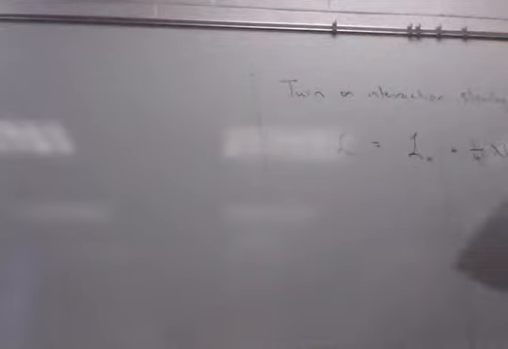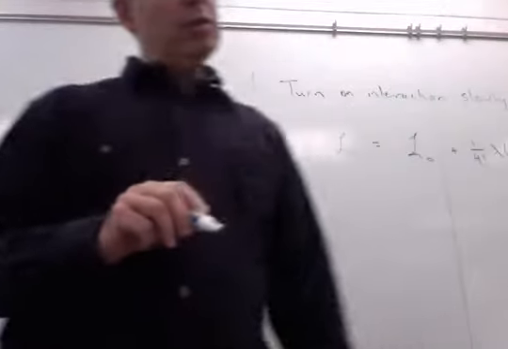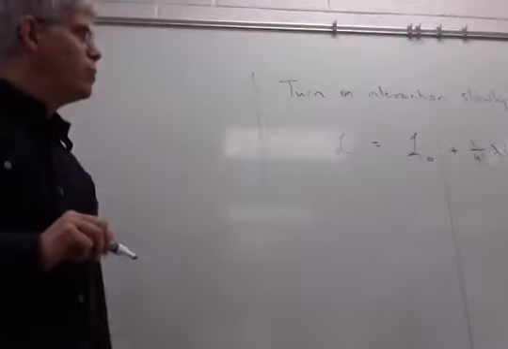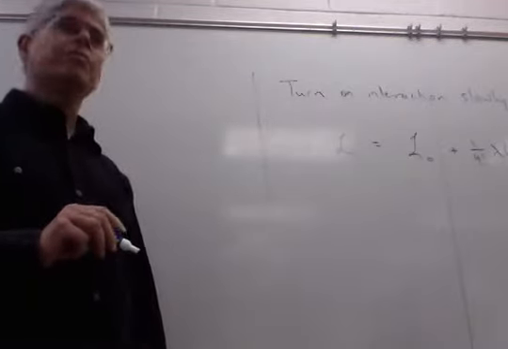So the idea is we turn the interaction on over an amount of time, delta t. Okay? And the idea is that if we do this gradually enough, then we can use the adiabatic theorem.